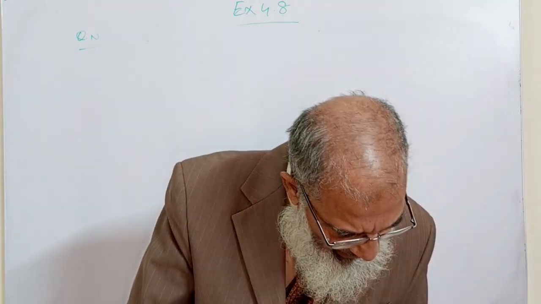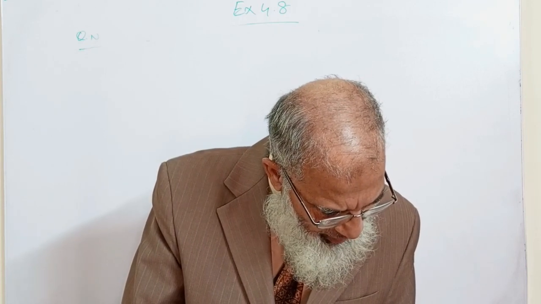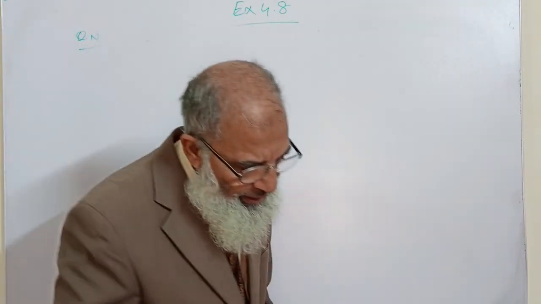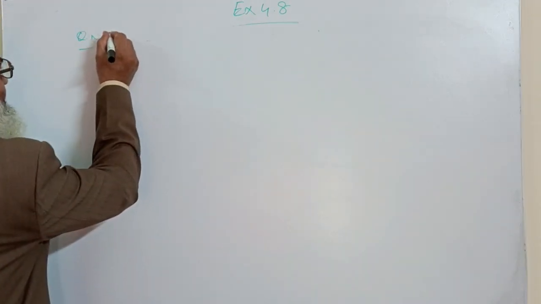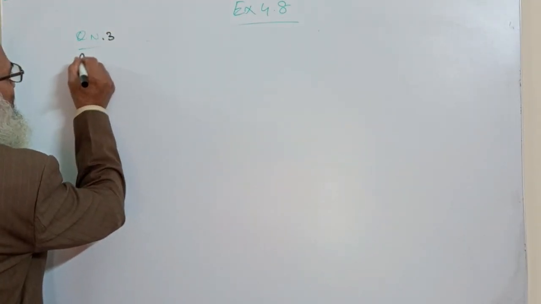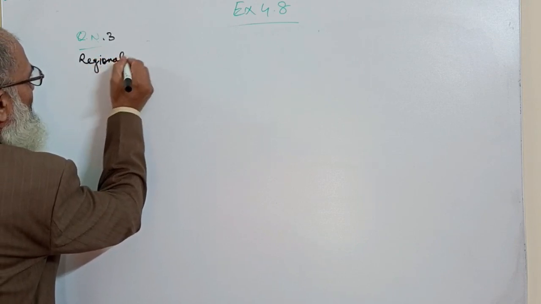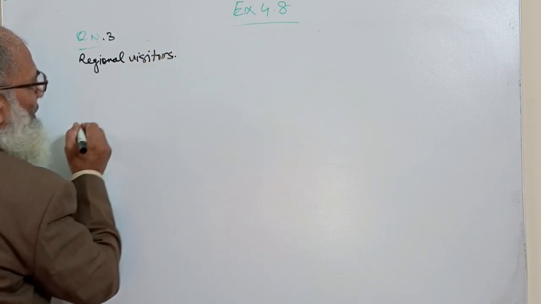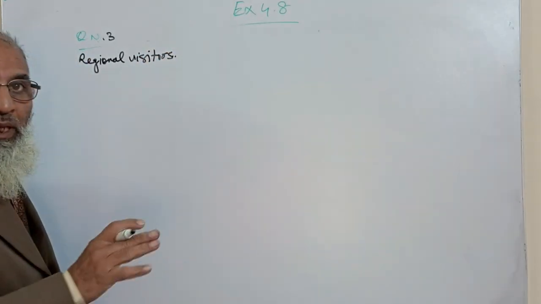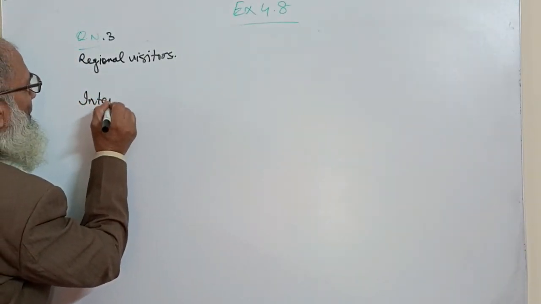Here's the data for the first 6 months of the year. Draw a compound bar chart to display this data. Now let me write this data first. Regional visitors, the local visitors, and the international visitors.